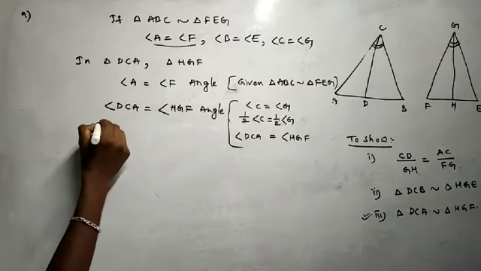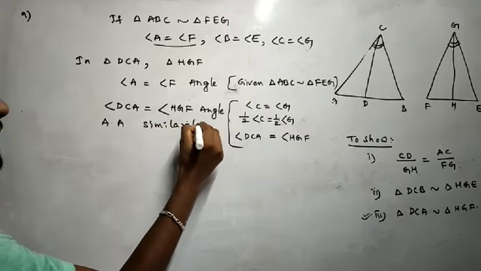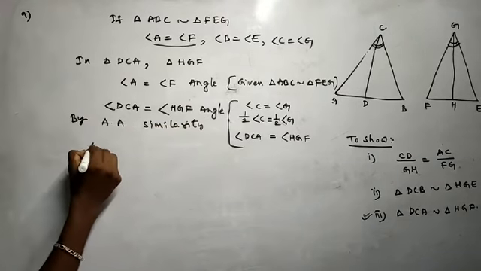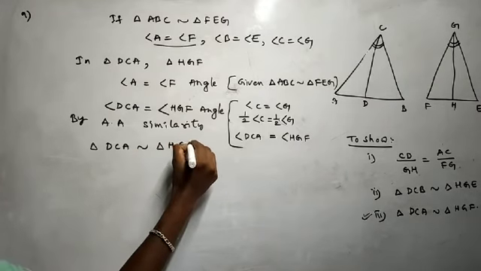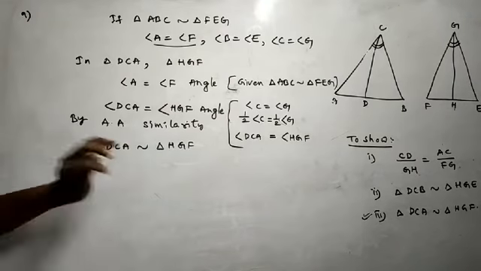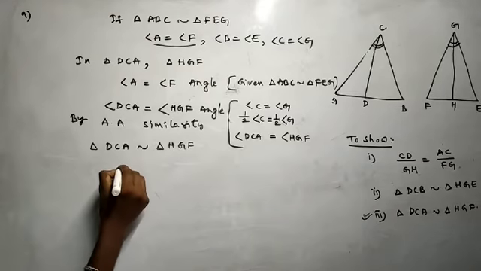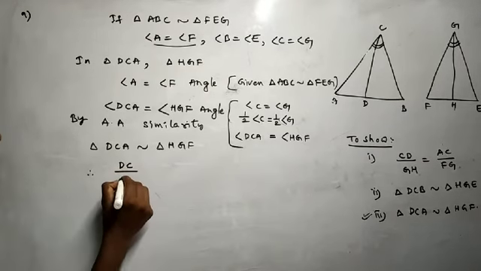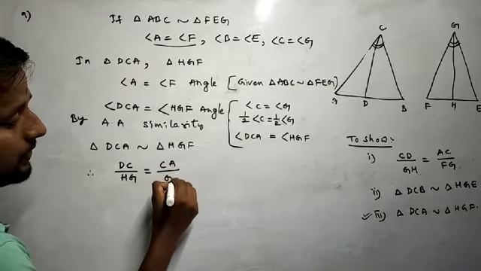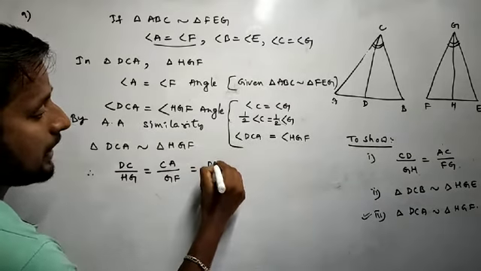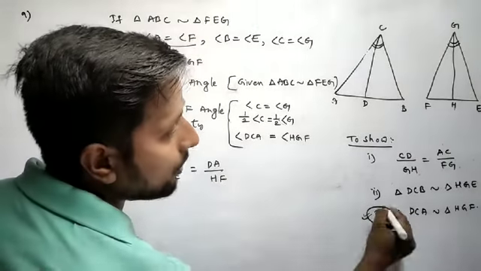Next, by AA similarity, triangle DCA is similar to triangle HGF. If the similarity is decided, then the ratios of the sides are equal. So DC by HG is equal to CA by GF is equal to DA by HF. So the third one is proved.